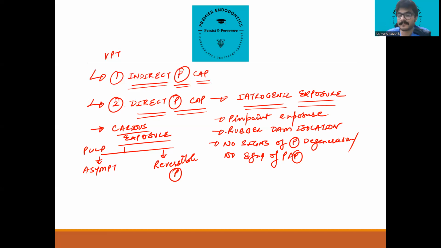But yes, the pulp should not be irreversibly inflamed, definitely.